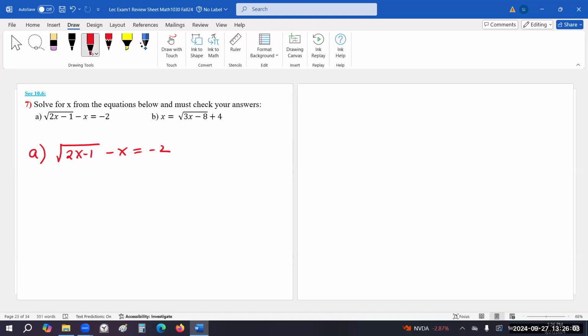So how can you get rid of the friends? What do you do? Plus x. Plus x. So we get the square root of 2x minus 1 equals x minus 2. And now the radical is alone, and it's very weak.